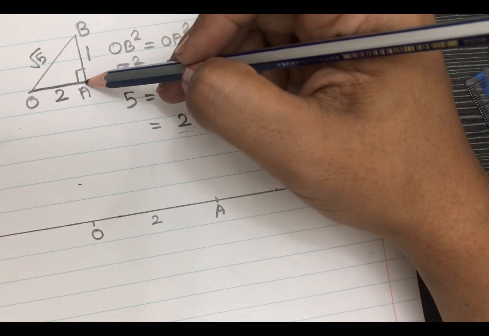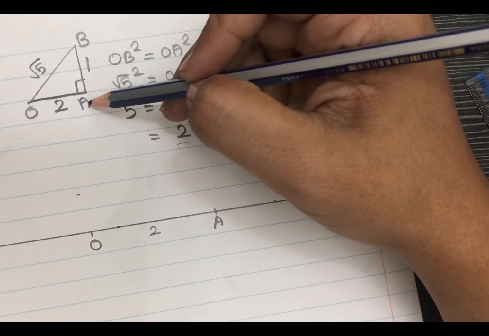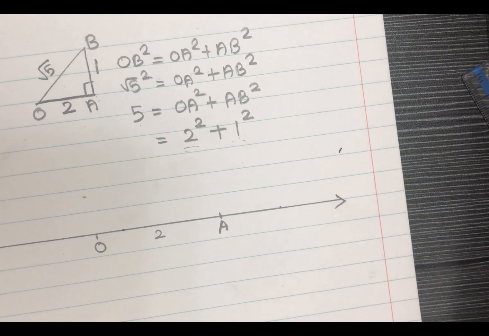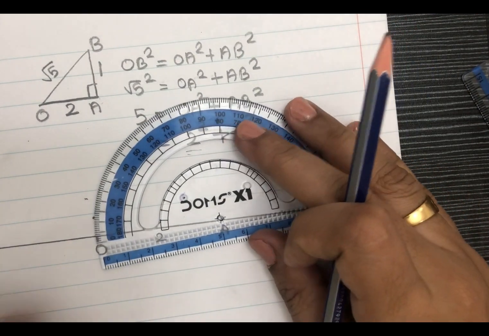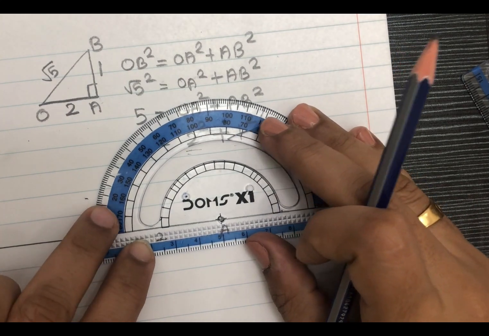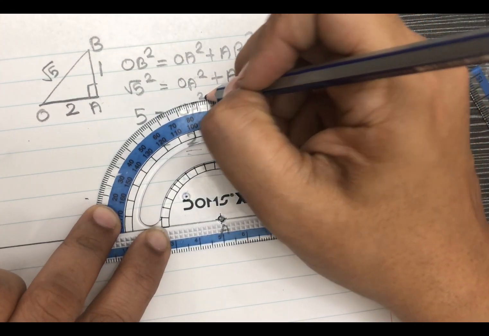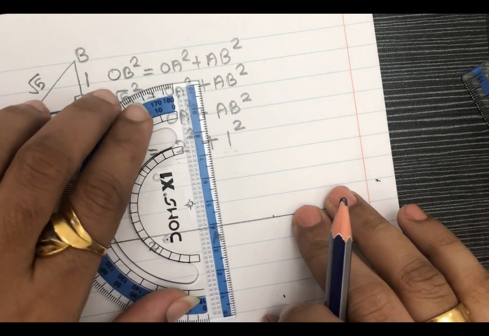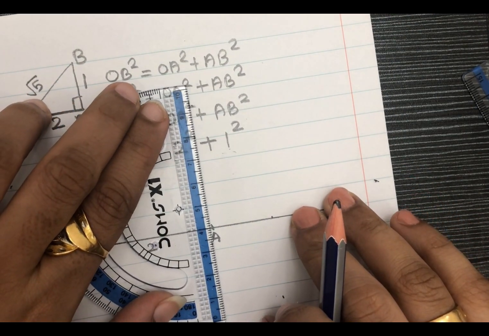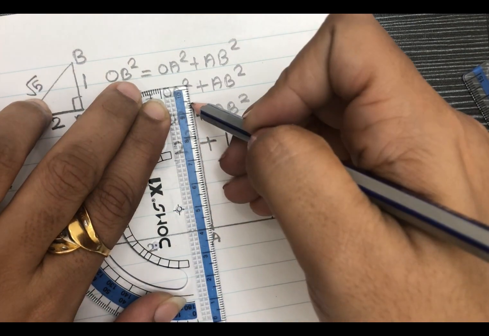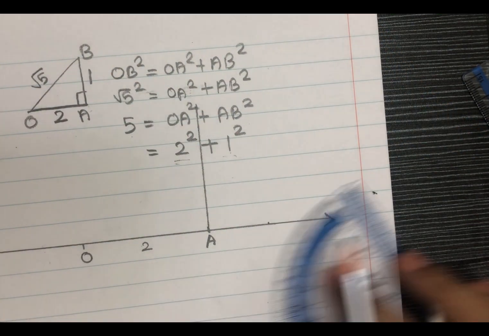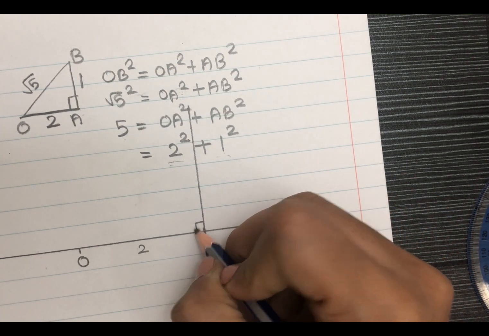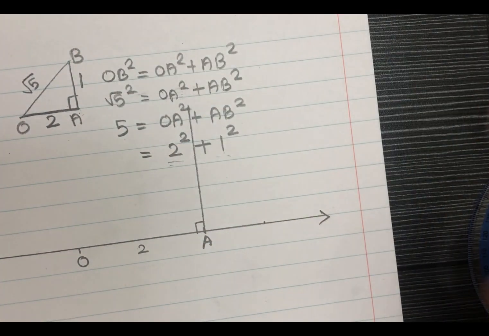Now I need to draw a perpendicular line AB. For that I am using a protractor. Okay, so I have a perpendicular line, and now AB is 1.